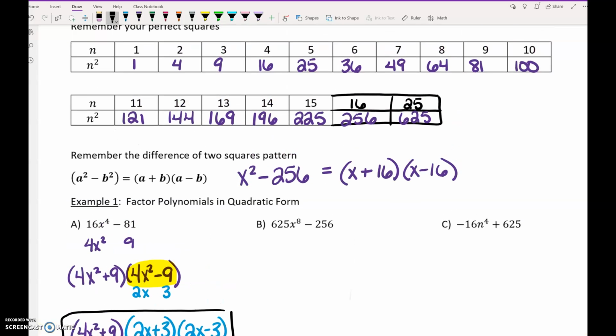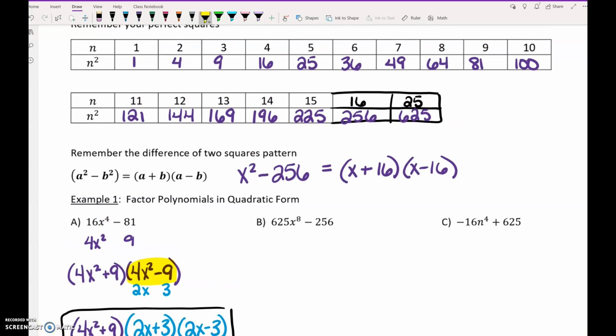So they are going to really, really favor the number 16, 81, because the square root of 81 is still a perfect square, and 256, 625. You're going to see those numbers used quite commonly because they are perfect squares of perfect squares.